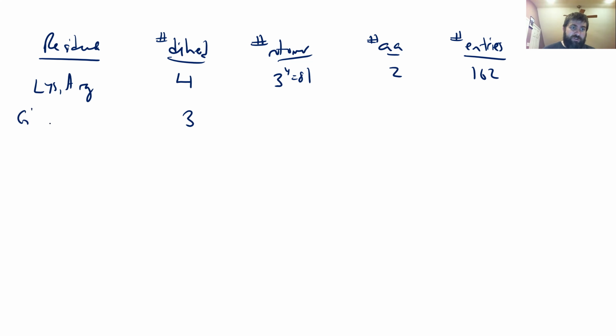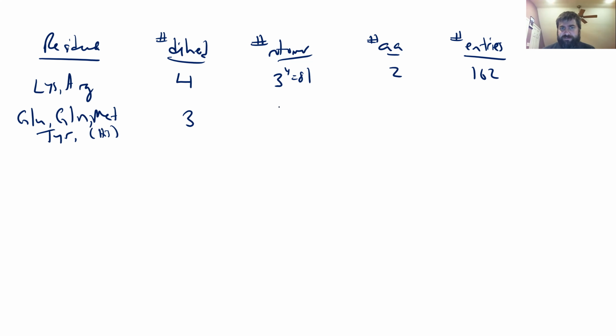Well, we have glutamate and its close cousin glutamine. We have methionine. We have tyrosine. And I'm going to include histidine in here, even though it doesn't have 3 rotatable bonds. It only has 2, but it has a bunch of weird protonation states that we also might want to include.